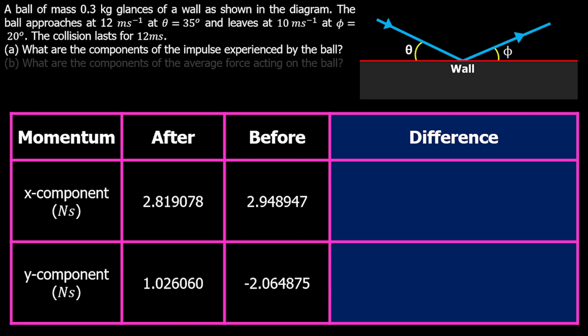So at least the way I see it, the easiest way to do this is actually using a table. Okay, so these are the values that you have, and all you need to do now is just take the difference, right? You take the difference between the x components and you take the difference between the y components.